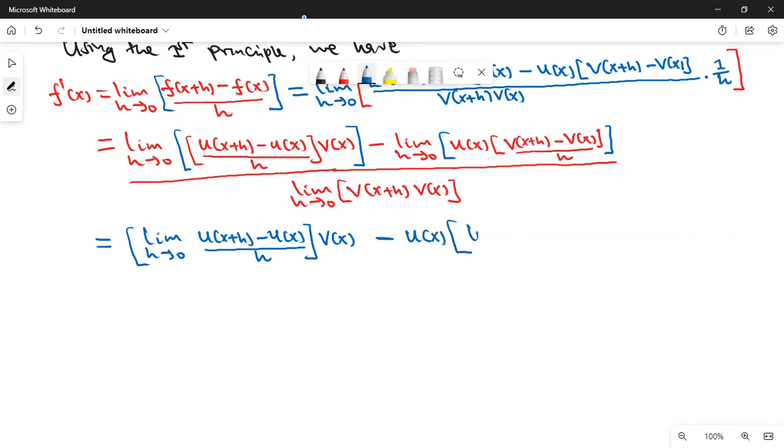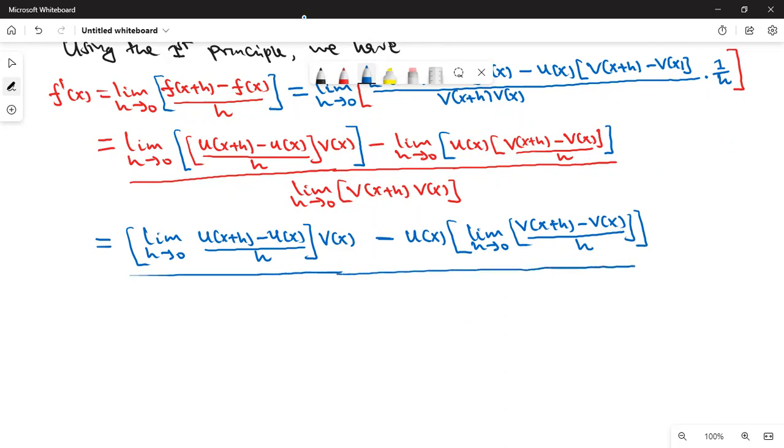Then inside we have limit as h approaches 0 of v of x plus h minus v of x. The whole of this is divided by h. And then our denominator should be this one, limit as h approaches 0 of v of x plus h, that one, then times v of x.